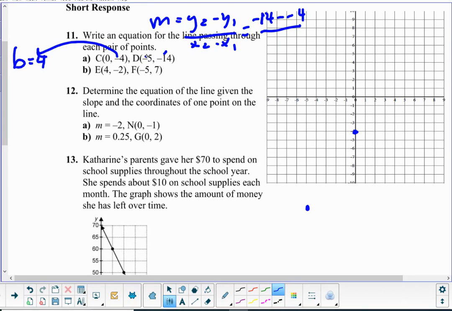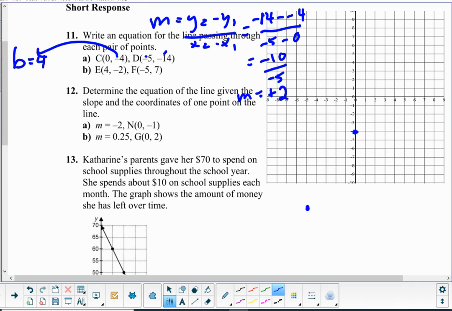And then the second x is negative 5 minus 0. What are we going to have for a slope now? So we have negative 14 plus 4 is going to be negative 10 over negative 5. Well, that will reduce nicely to positive 2.